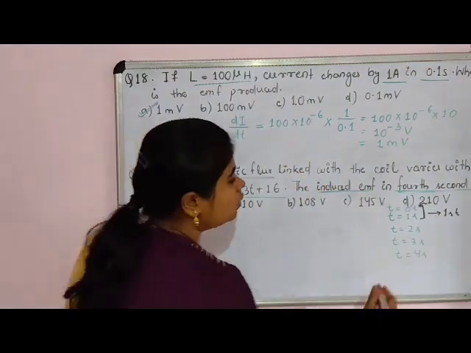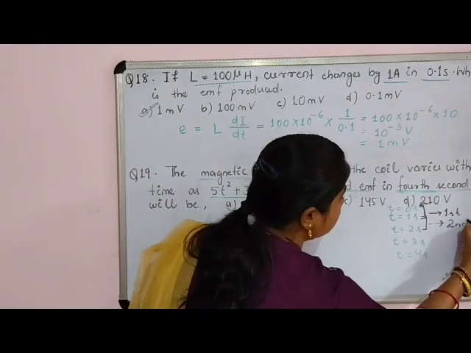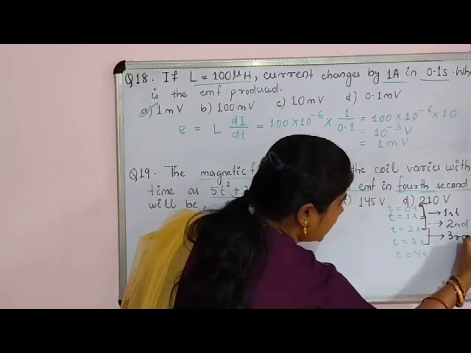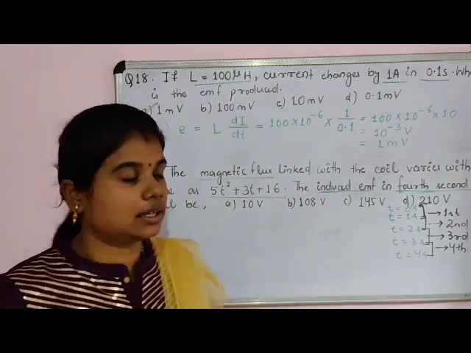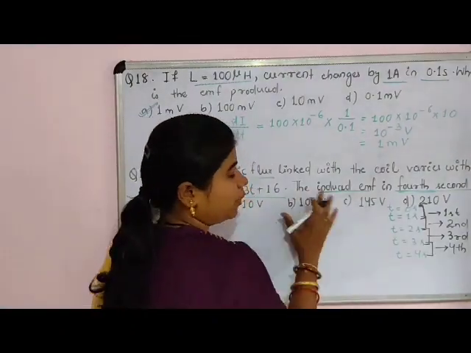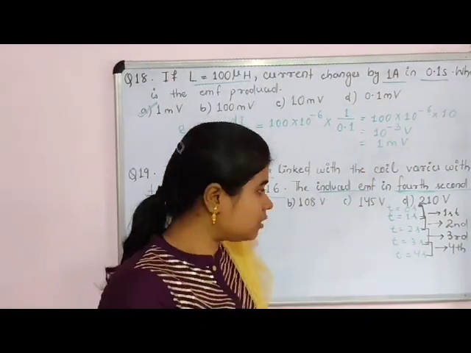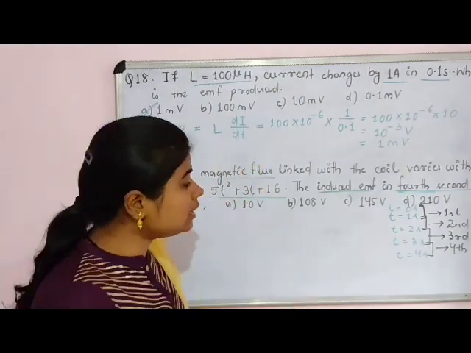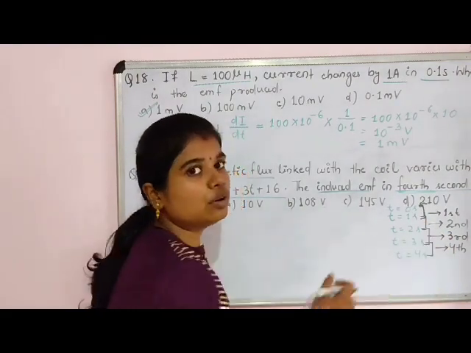The interval from 1 second to 2 second is known as the second second. Similarly, 2 second to 3 second is the third second, and the last part is the 4th second. The question is asking the induced EMF in the 4th second. That means we need to find the EMF induced in the time interval of t equal to 3 seconds to t equal to 4 seconds.